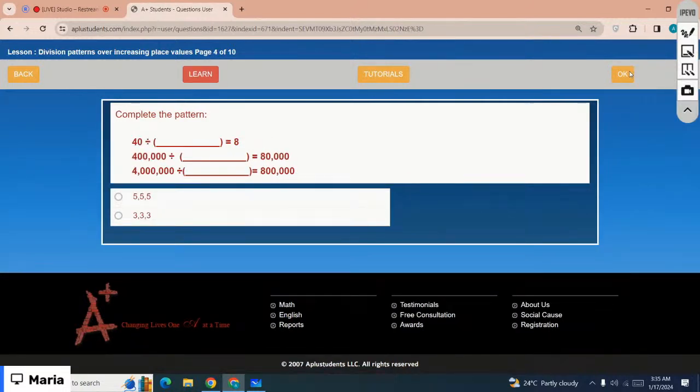The next one is complete the pattern. 40 divided by missing number equals 8. 400,000 divided by missing number equals 80,000.